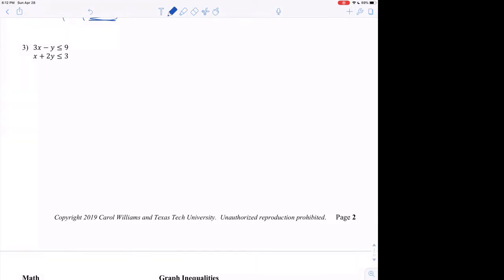So now I have 2 lines, and what I want to do is find where these 2 lines intersect. So I need to find the intersection of these 2 lines.